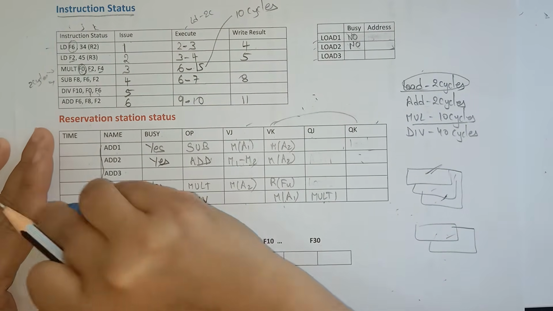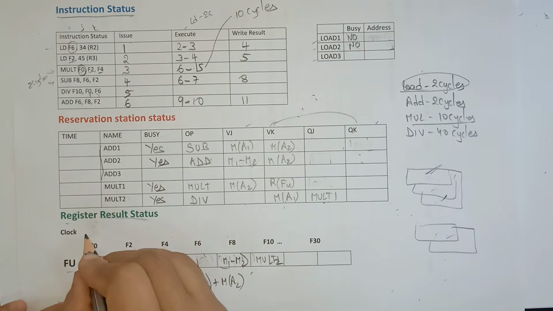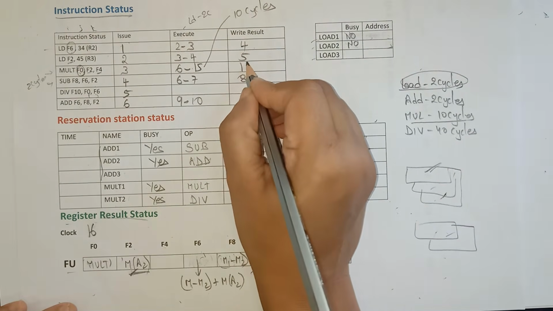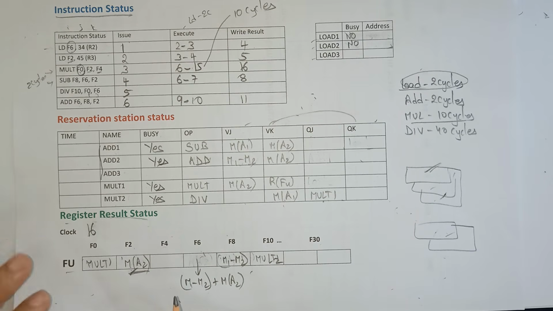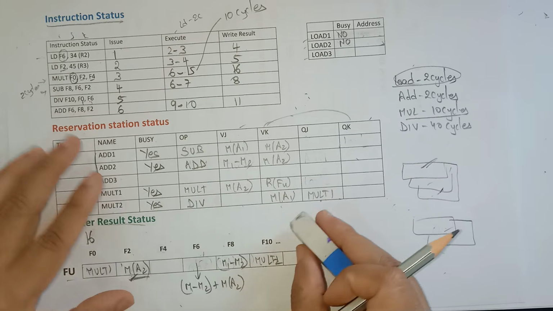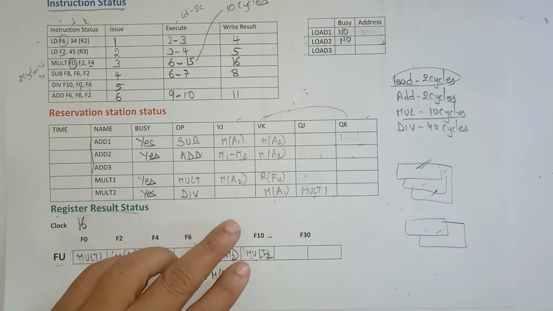Now, at the 16th clock cycle, it completes its execution and this becomes multiplier M of A2.